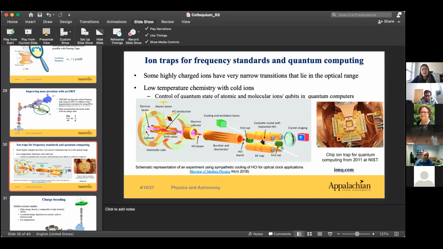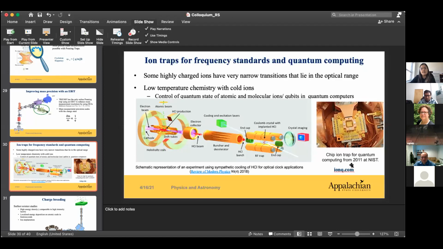And then the other thing, because of this ability to control them so precisely, is using ions or ion traps as qubits for quantum computers. And you can do more research on this. I like this website, ionq.com, which goes through how quantum computers work and how they use ion traps for quantum computing.